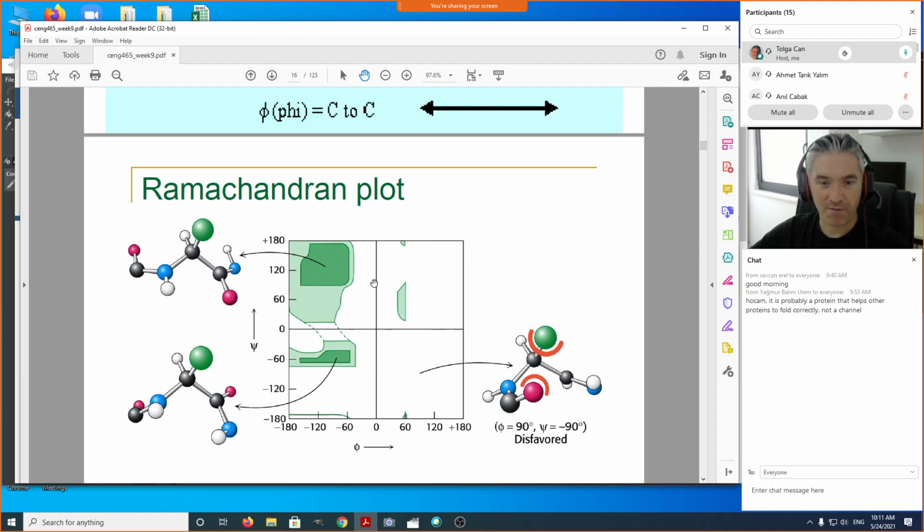This is a different way of visualizing those dots. If there are many dots here, it will tell you that there is a region, or multiple regions, in this protein structure in which the phi angle is between -60 and -180, and the psi angle is between 60 and 180.